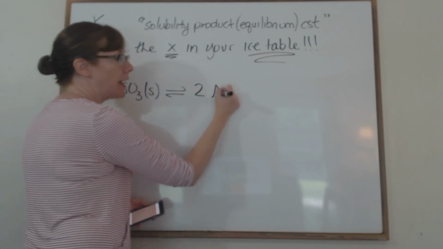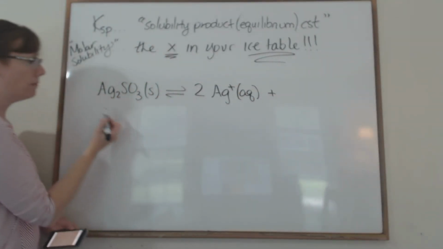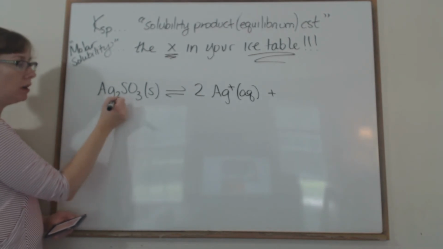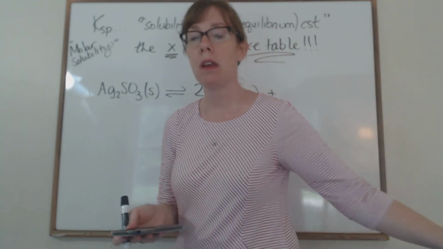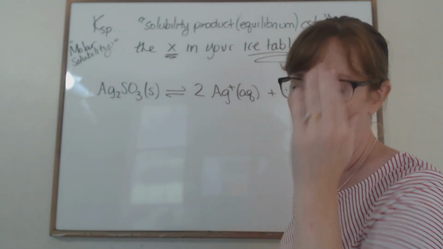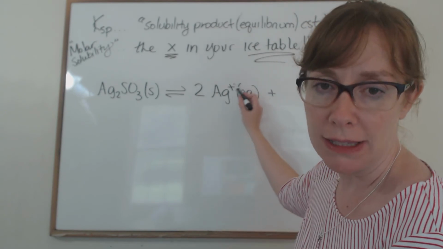And you have to kind of understand here that there are 2 of the silvers. I think last time you saw in one of the previous ones that silver made a 1+ ion. Silver always makes a 1+ ion.